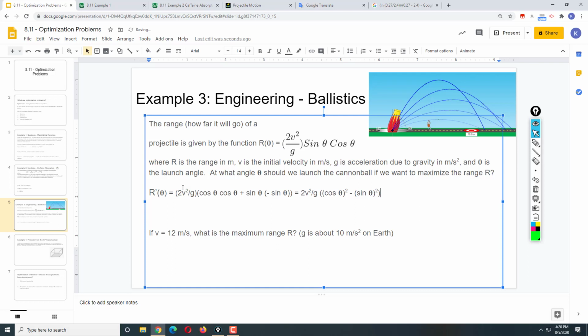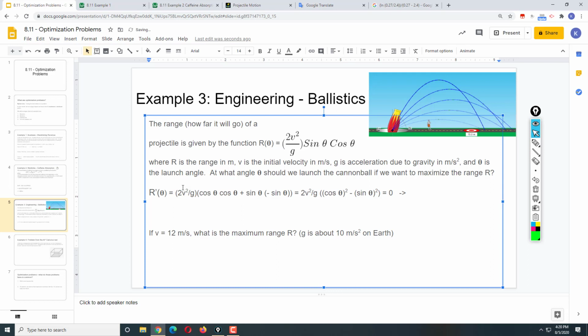We know that at the maximum, we want the derivative to be 0, because the range isn't going up or down anymore, it's at its maximum. That means that we can divide both sides by 2v squared over g, and that term goes away.